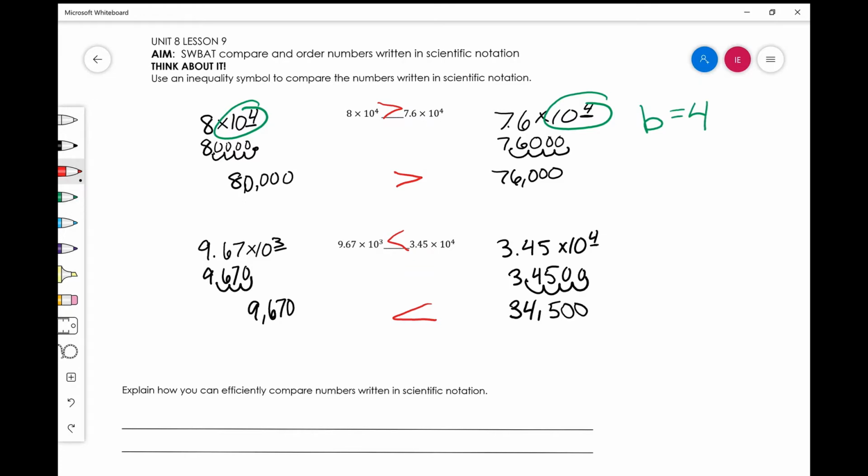So when we're comparing those two numbers, we don't need to compare 10 to the 4th. We know that those two things are the same. I'm comparing 8 and 7.6. I know that 8 is bigger than 7.6, so I know that 8 times 10 to the 4th is going to be bigger than 7.6 times 10 to the 4th. In this case, we're comparing our multipliers, because our exponent is the same.